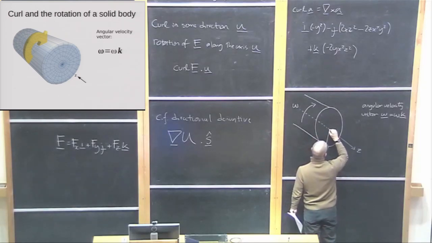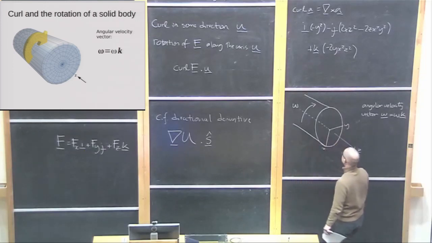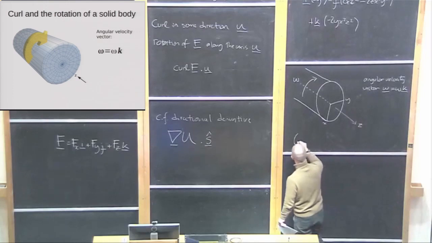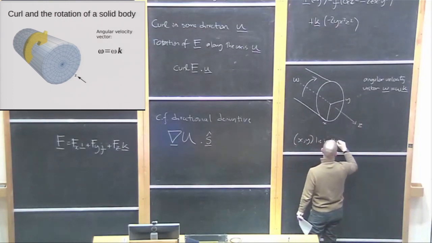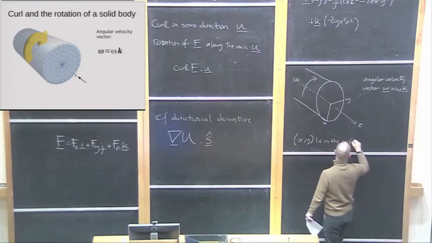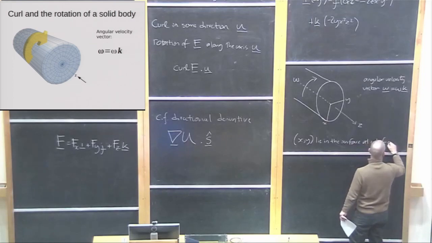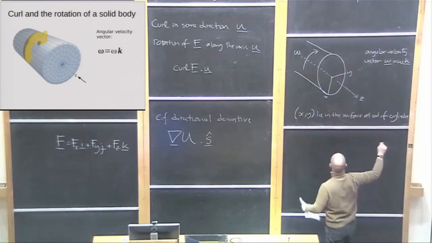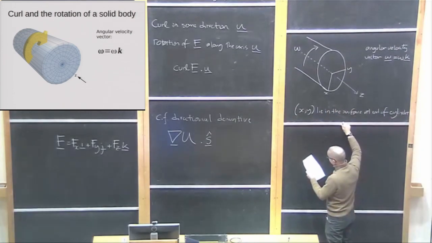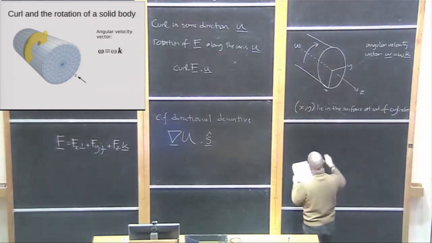So I'm going to choose my x and y coordinates to be something like this. The xy plane is in the end there. The z axis is along the axis of the cylinder.